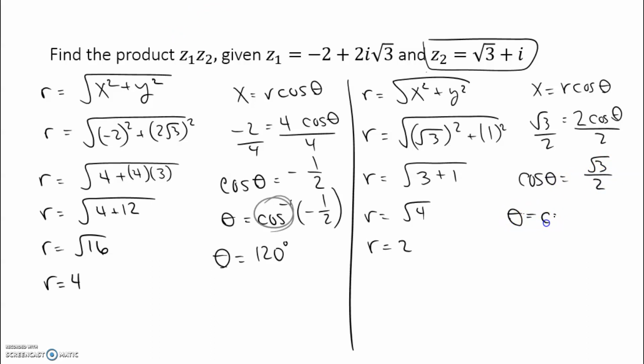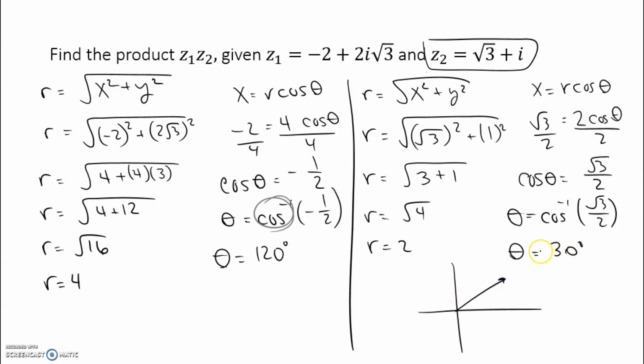So theta will be the inverse of cosine of square root of 3 over 2. The theta that it gives us would be 30 degrees. Okay, same thing. So my x is positive and my y is positive. So I should be in quadrant 1, which 30 is in quadrant 1, so I don't have to do anything to it. That's already in standard position.